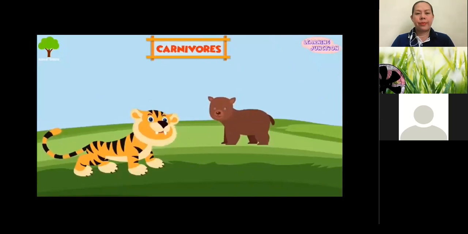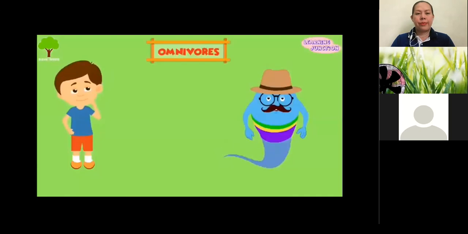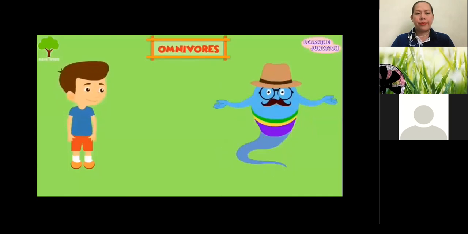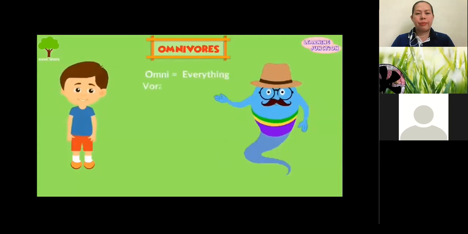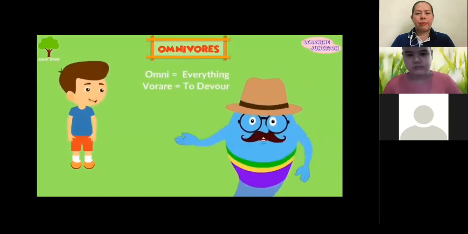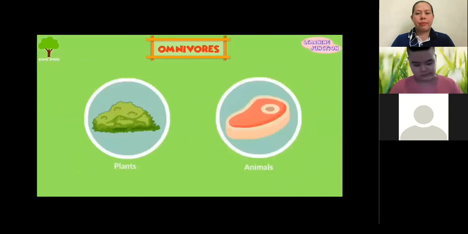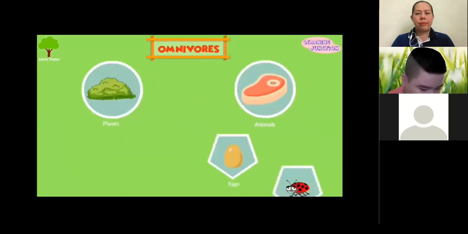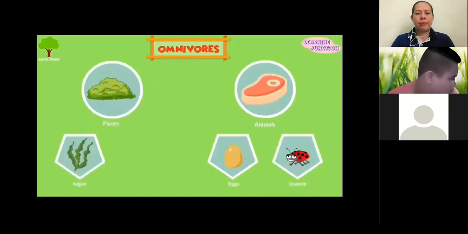And now the omnivorous animals. Omnivores comes from the Latin word omni, meaning everything, and vorare, meaning to devour. So an omnivore will eat pretty much anything in sight. An omnivore is an animal that eats both plants and animals, which may include eggs, insects, algae, and fungi.